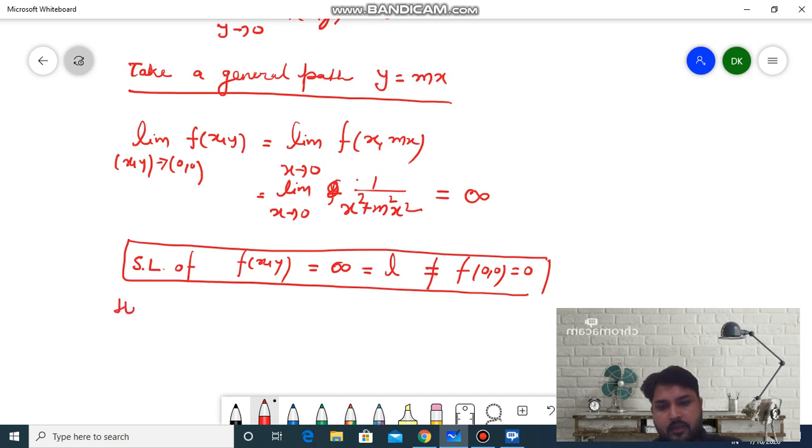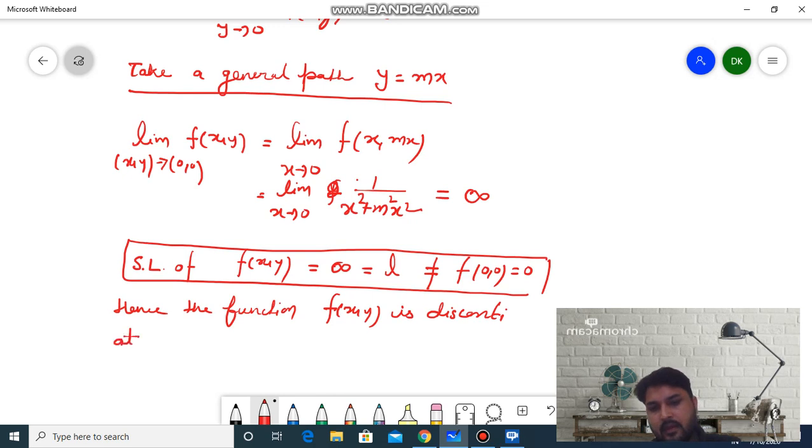Hence the function f(x,y) is discontinuous at the origin.